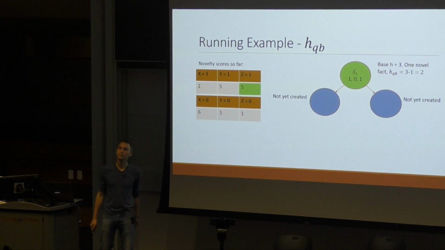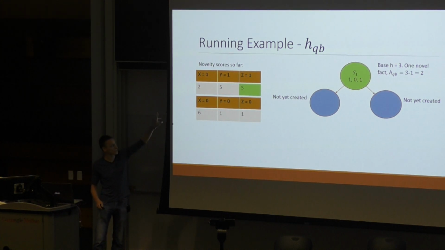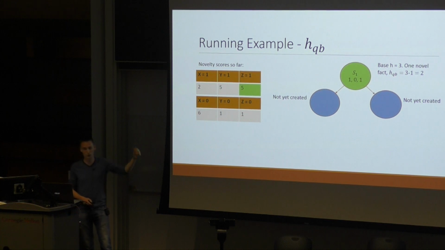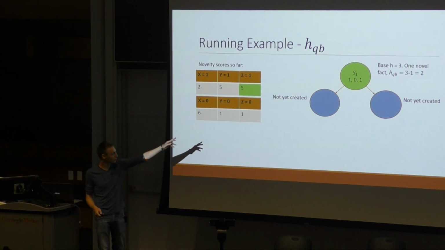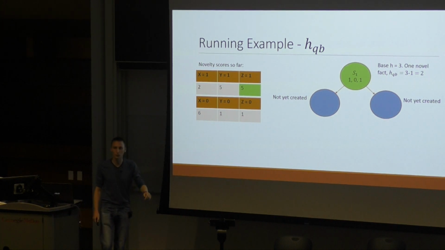So, example, as before, we are in the middle of the search, and this is our novelty table. We open S1, we evaluate it with the base heuristic, and we've got a total of 3 variables. And we've got one novel fact. So the heuristic value here will be 3 minus 1, and it will be 2.